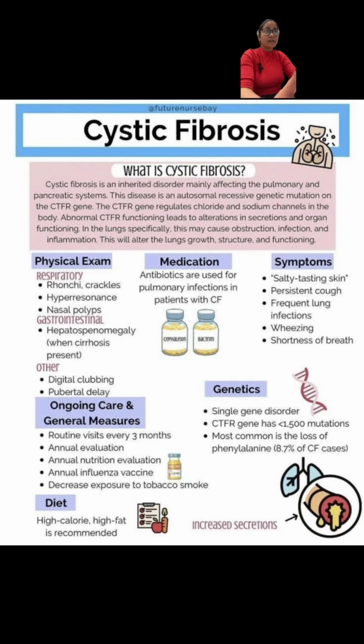No added sugars. They should depend on leaner proteins, right? They should not consume red meats at any cost, because it is also saturated fat. And then we also have to tell them to eat whole fruits, whole grains, vegetables, green leafy vegetables, that kind of stuff, right? So these are some diet considerations which we should tell the client.